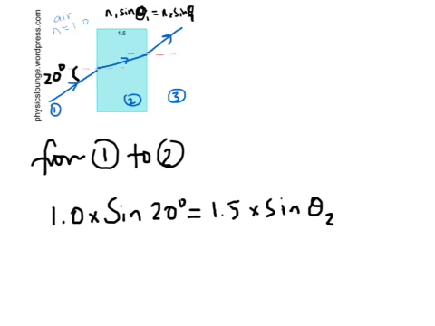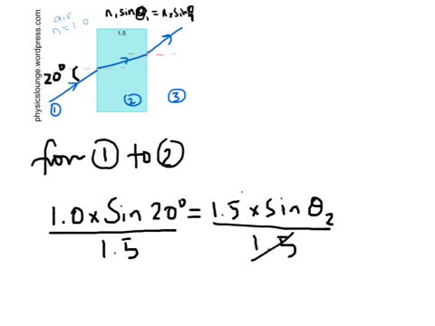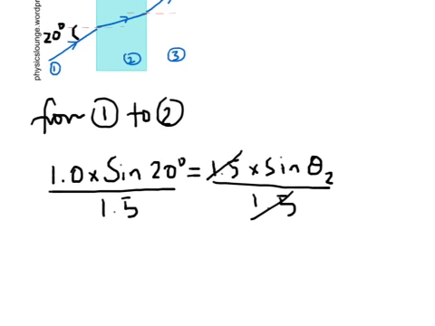But anyway, we're going to divide both sides by 1.5 because that will cancel out this part, and then we're going to have to do one more slightly tricky thing. Because we've got on the right hand side now sine theta 2 equals everything on the left hand side, we're going to have to take the inverse sine function to cancel out the sine function.